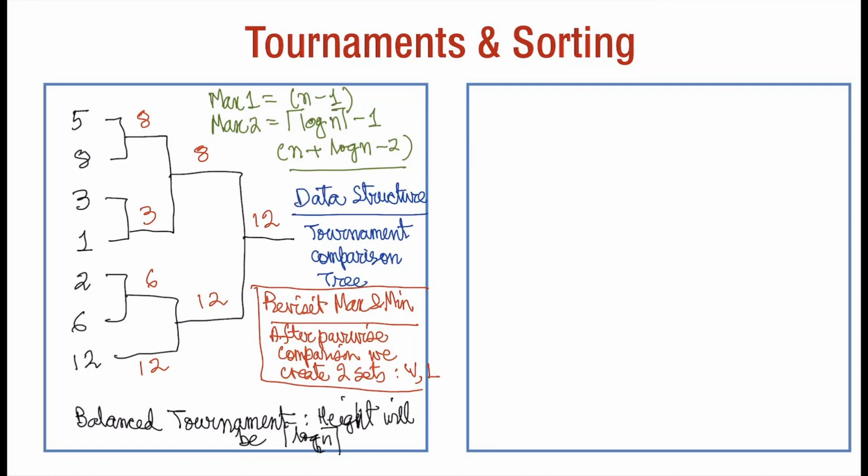So this yields us approximately n by 2 comparisons for finding the two sets, because we are doing pairwise comparison.